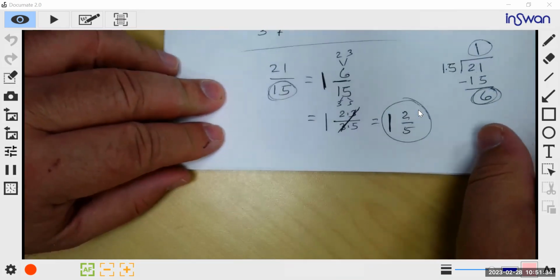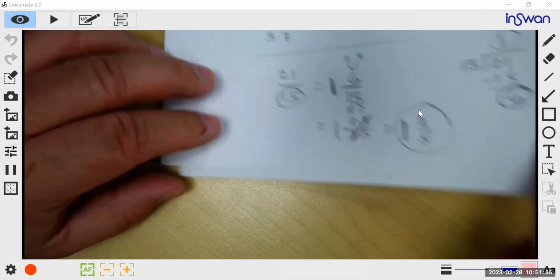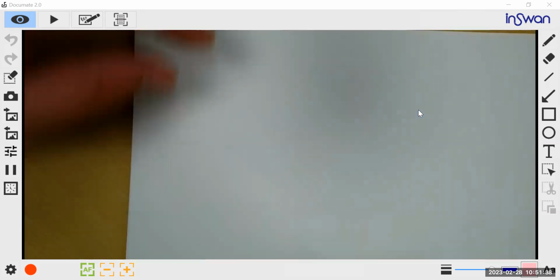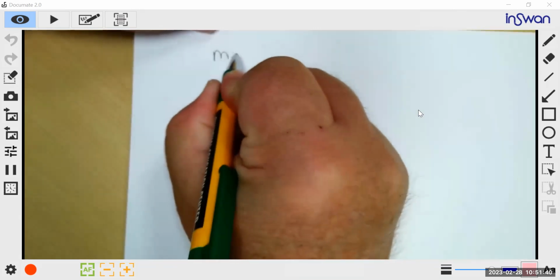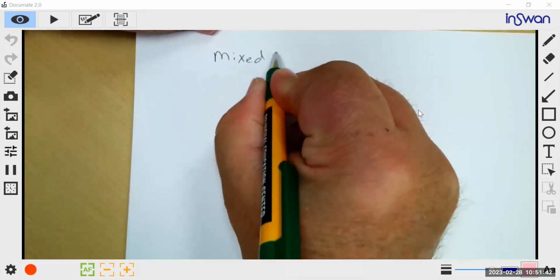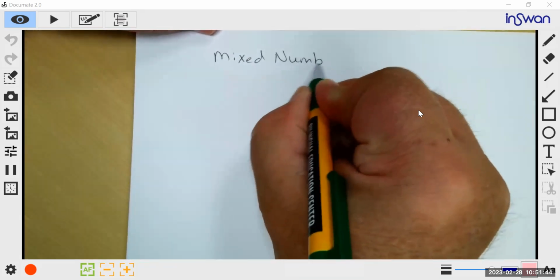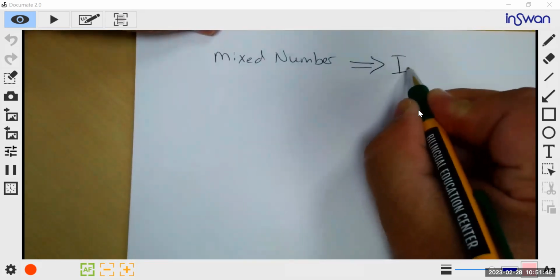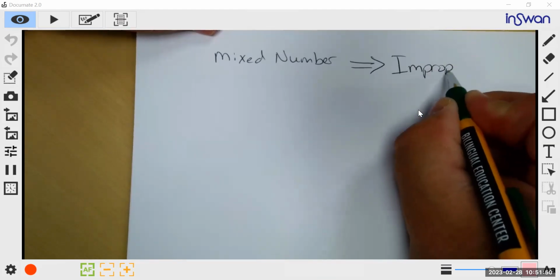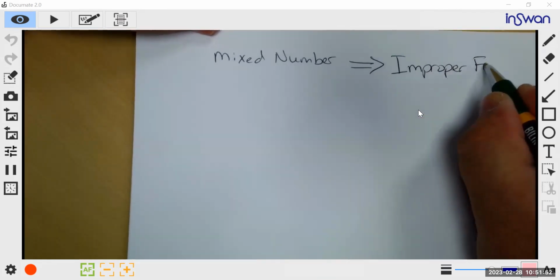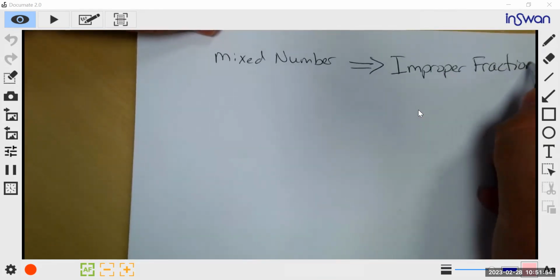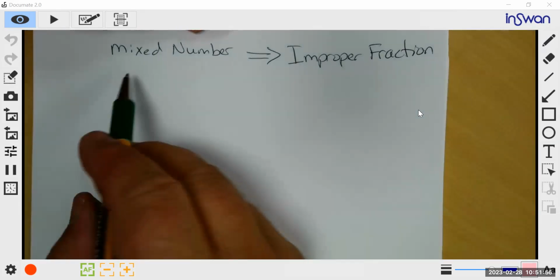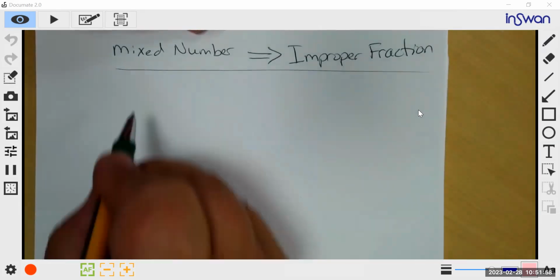What if I give you a mixed number? How would you convert it to an improper fraction? Mixed number to improper fraction.